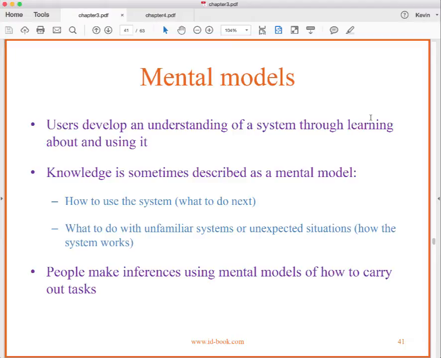So when we come to something new, we typically have some idea, well, normally I'd look to click something here, and we look around to click something. So people make inferences using these mental models that they construct over time about our system on how to carry out the tasks.